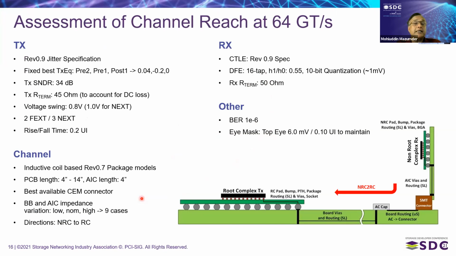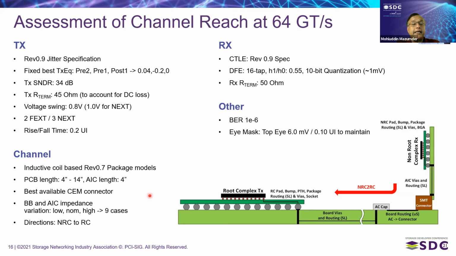In the next few slides, I will not go through too much detail, but we show a glimpse of the type of analysis work that we do to assess whether we can reach channel reaches similar to PCIe 5.0 with all the decisions and requirements we have made in the specification.